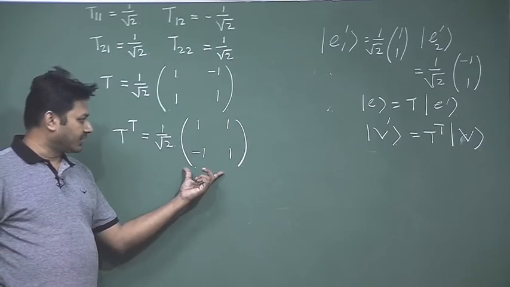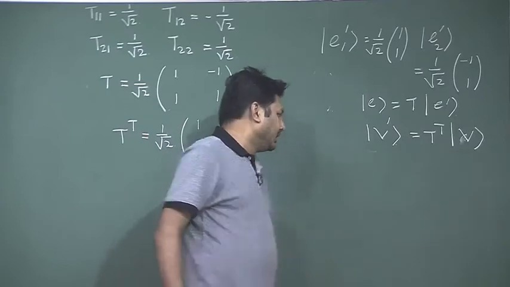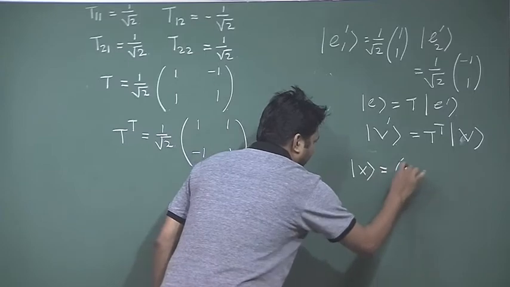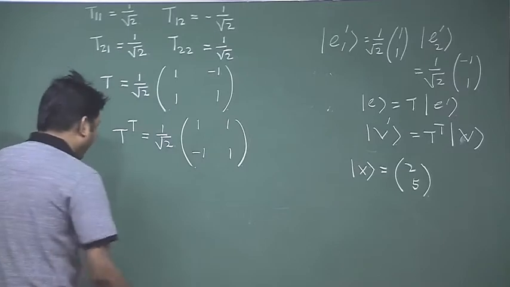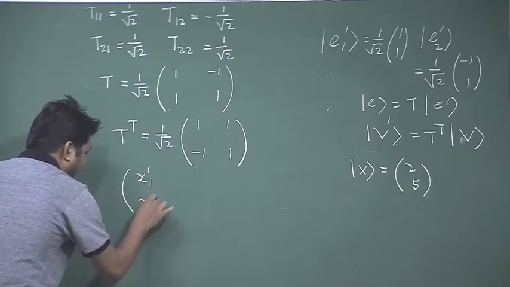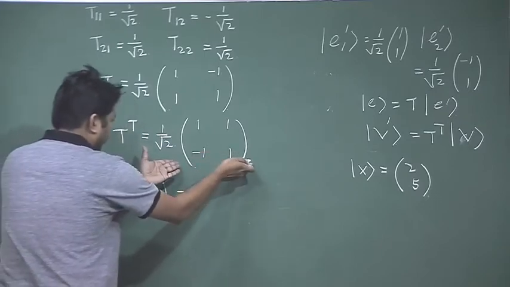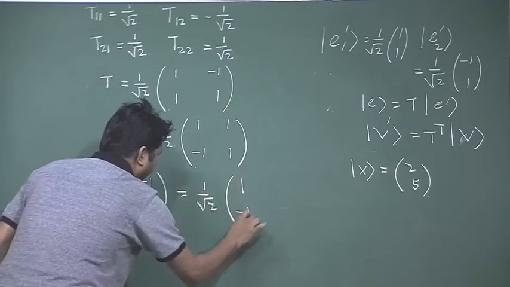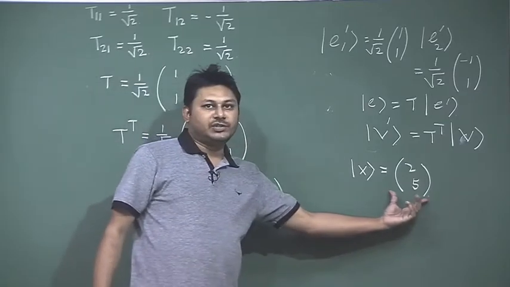So I just need to transpose that, and then I need to multiply with my original vector that is given. So the original vector according to the problem was 2 5. So I should write here x1 x2 in the prime frame, this component I want to know, is equal to this matrix multiplied by the original vector that is given.